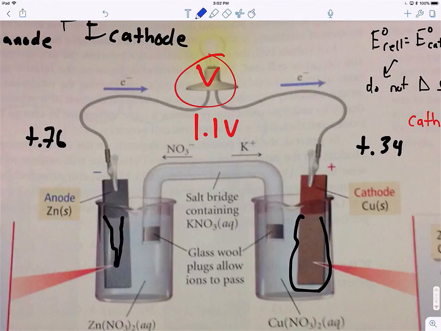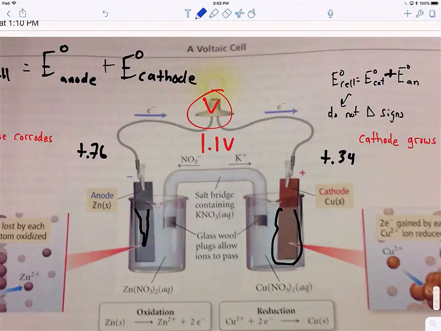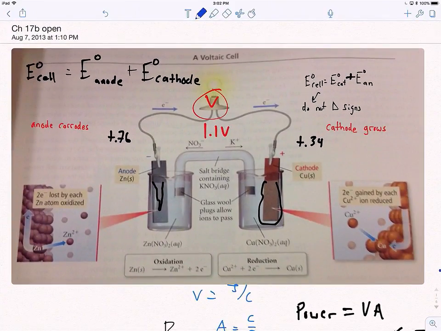Let me zoom this back a little bit. If you look at what's happening with the zinc metal, the metallic atoms are giving up electrons. Electrons leave, and then zinc ions go into solution. So over time, this little sliver of zinc will corrode down.